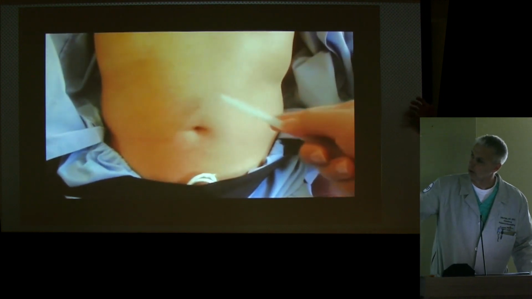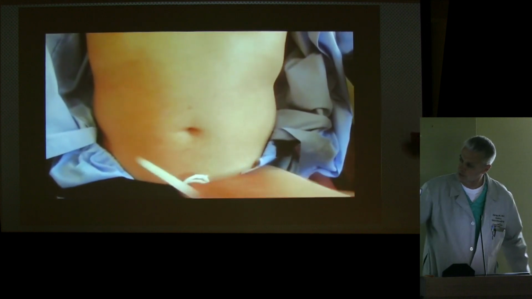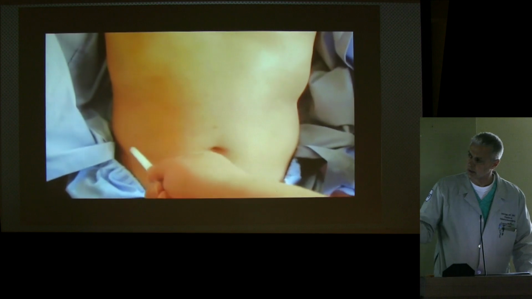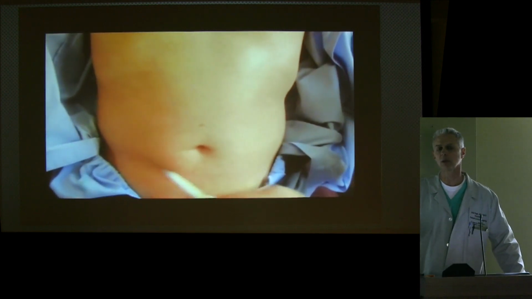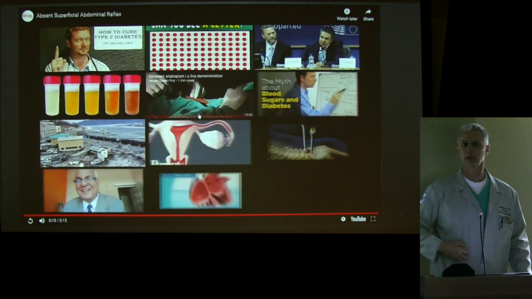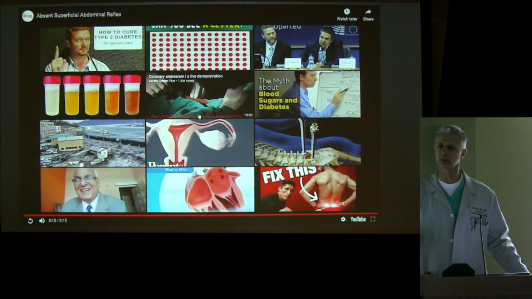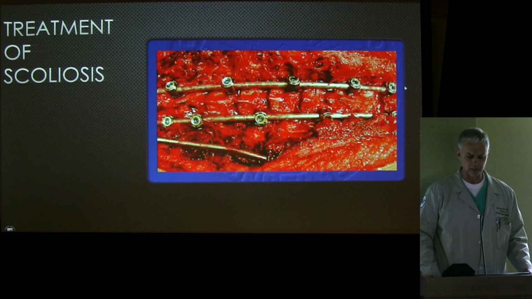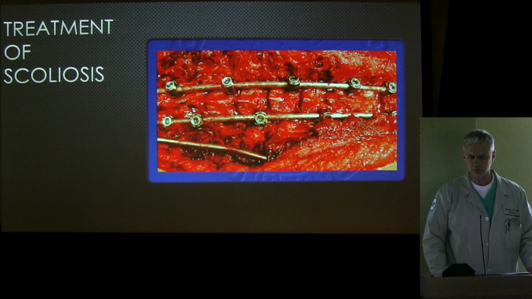That's normal, a normal reflex on the patient's left side here. But on the right side, the patient does not have an abdominal reflex. So something's going on. And I've had ortho spine doctors just send a patient for an MRI based on that alone, that they saw the abdominal reflex absent.